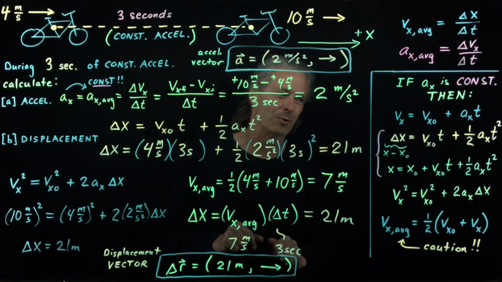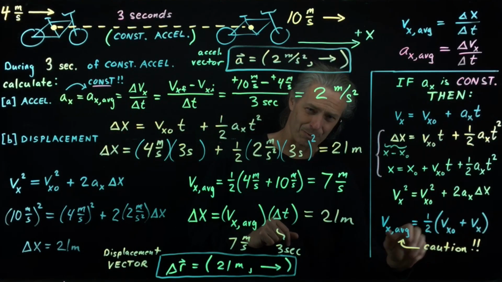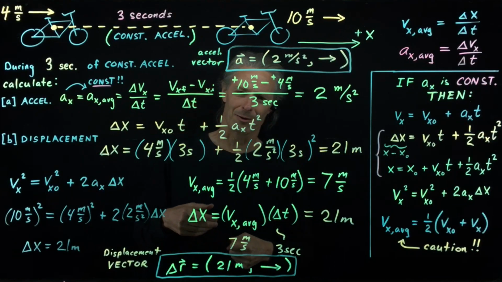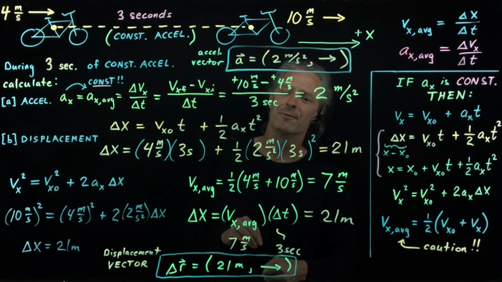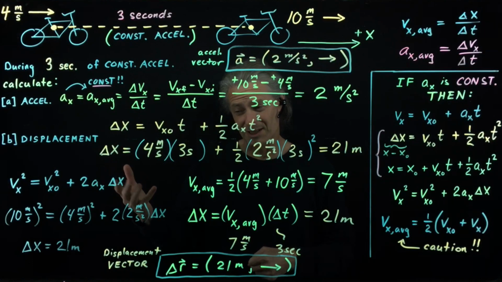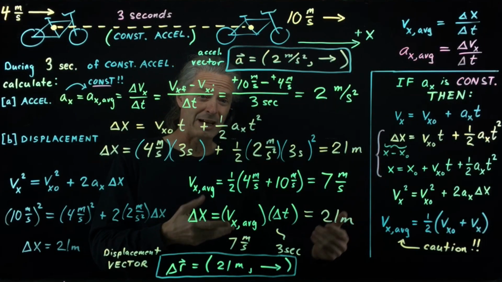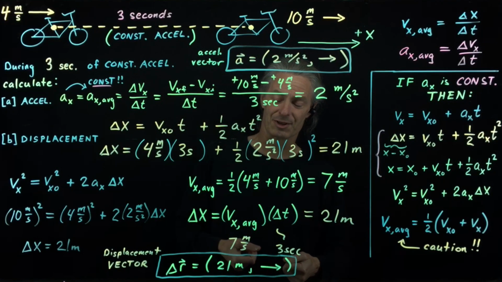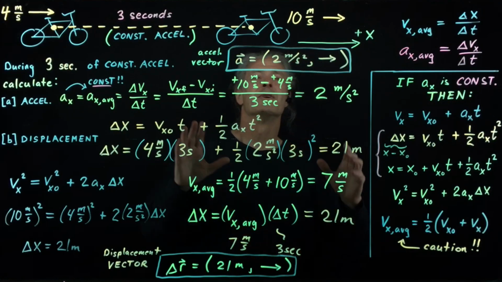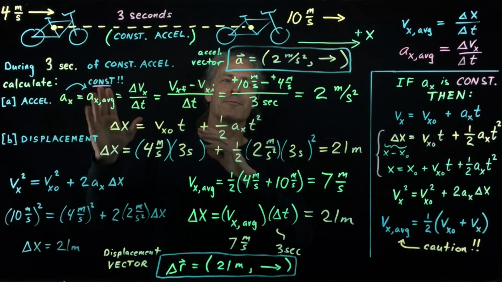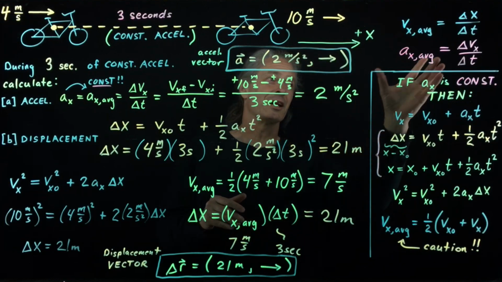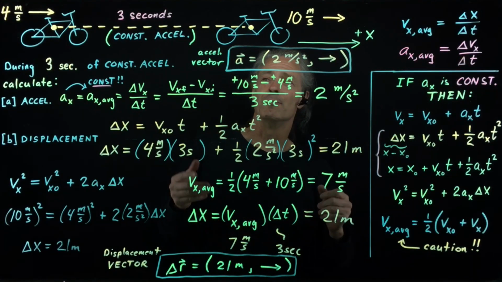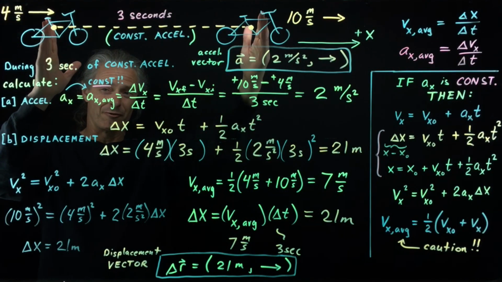All these equations require that the acceleration be constant in order to be valid. If the acceleration is not constant, then those equations aren't valid and we can't use them to get a valid result. All right, so if the acceleration had not been constant, we could calculate the average acceleration, but we wouldn't have known how far it went.